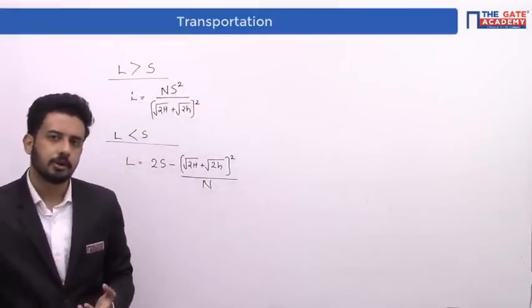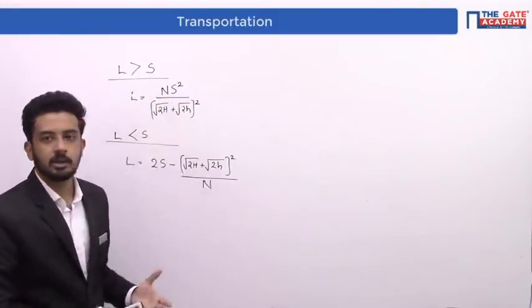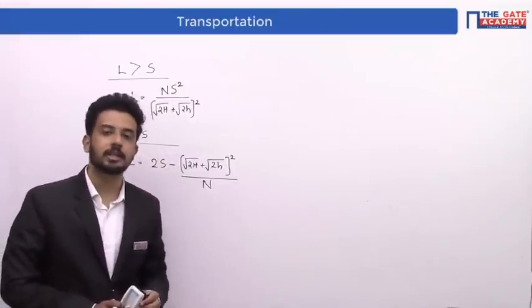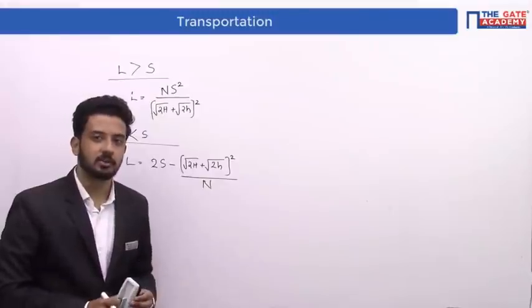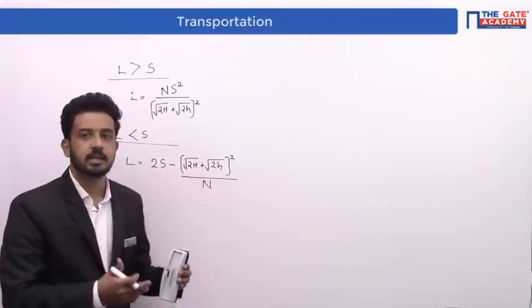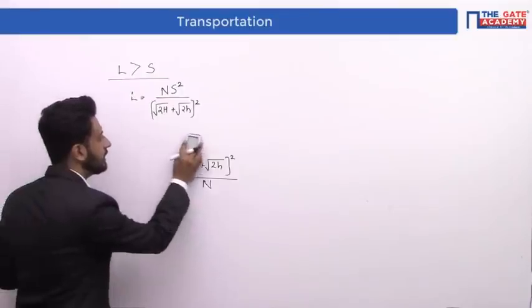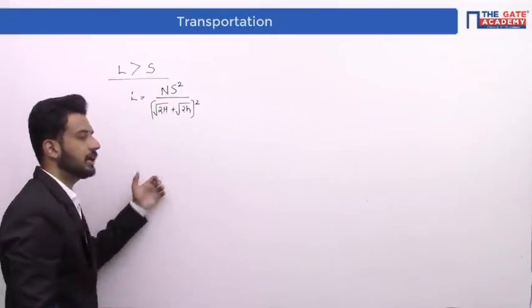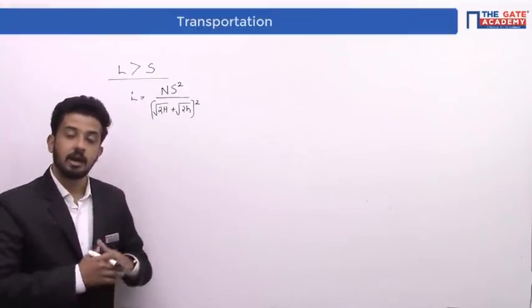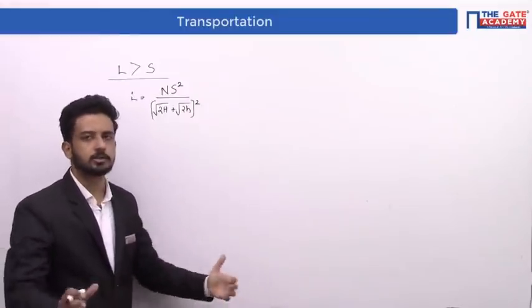So since they have not given any condition, we will proceed with the first equation, assuming that the length of our summit curve is greater than the safe stopping sight distance. So I am eliminating the other equation and I will proceed with this one. After obtaining the value, I will check whether my assumption is actually correct or not.